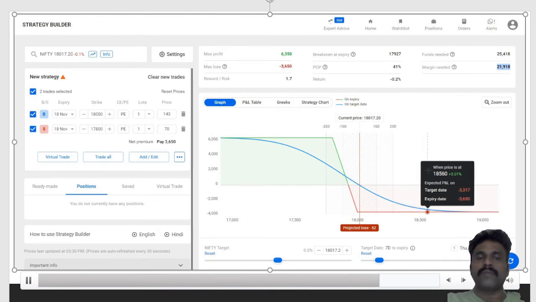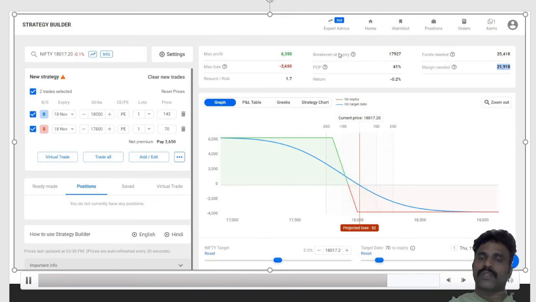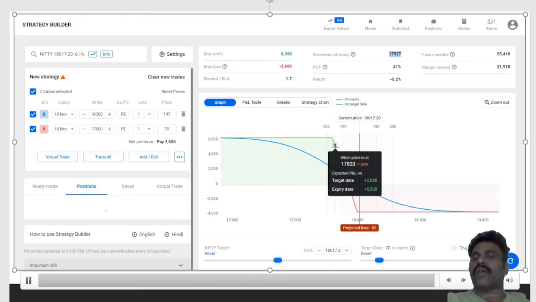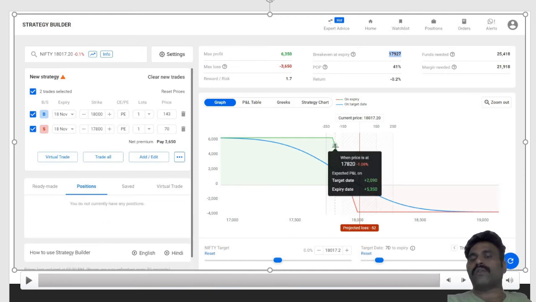Alright. So now, as you understood that the market is going down and you are putting up this strategy, after 1 day or 2 days, you have deployed 25,000 and if you are getting a profit of 2,000 rupees, then you can exit it. No one has asked you to stay till the weekly expiry.